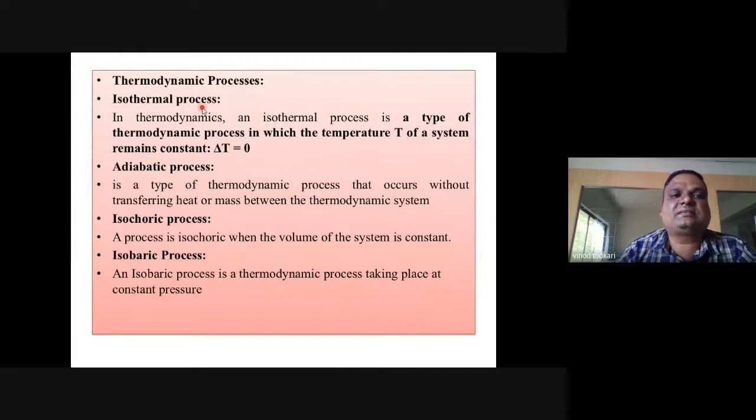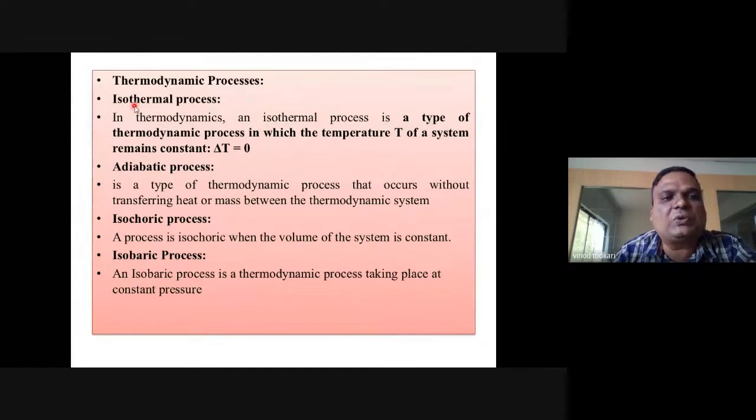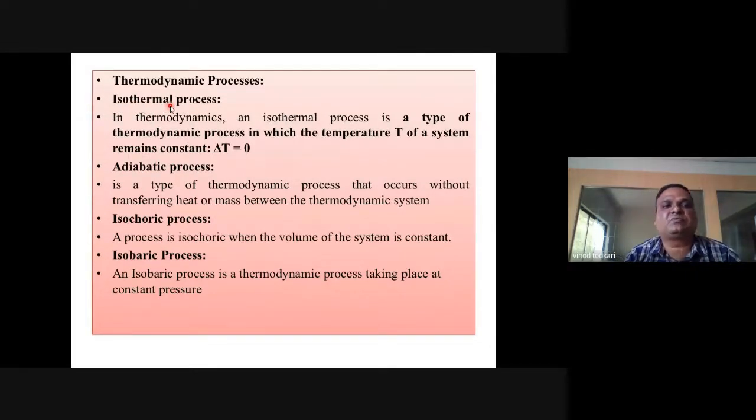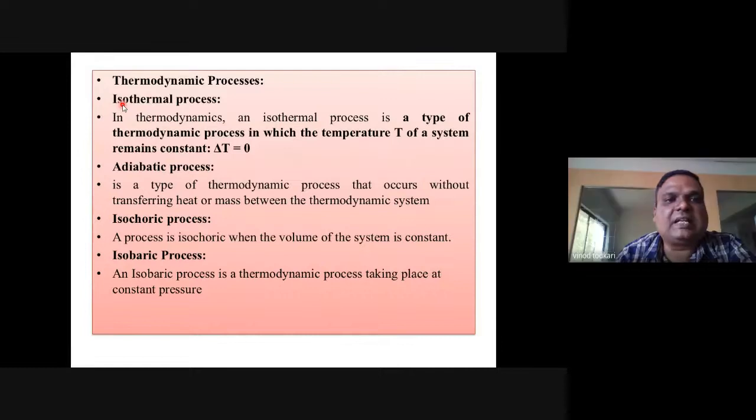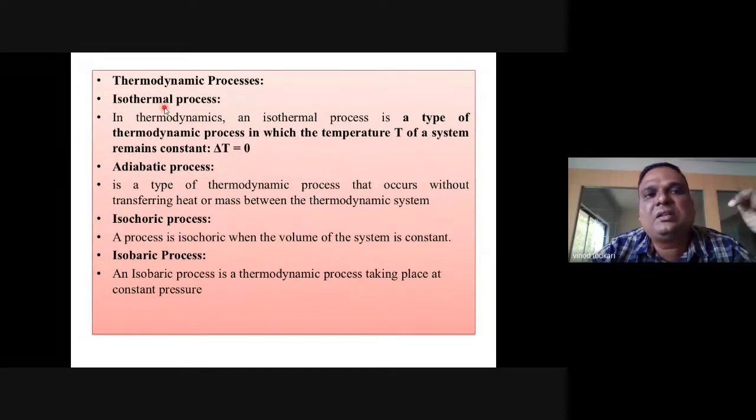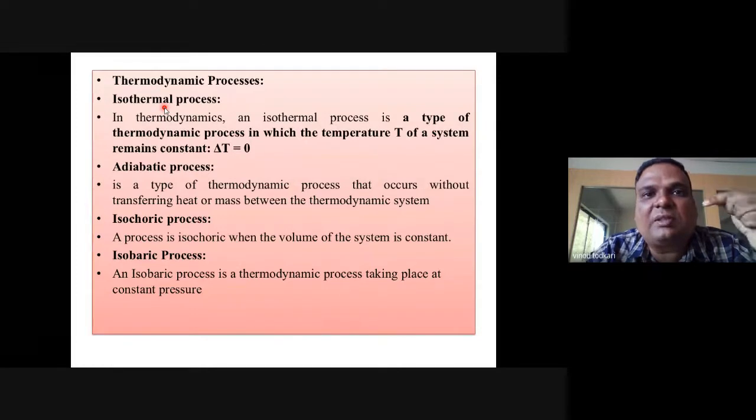Isothermal process. Tell me, what do you mean by iso and what do you mean by thermal? Iso means same, thermal means temperature. Yes, if the temperature of the system remains the same, we say that the system has undergone an isothermal process.